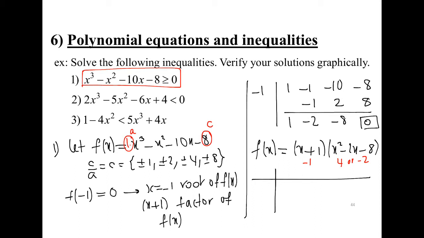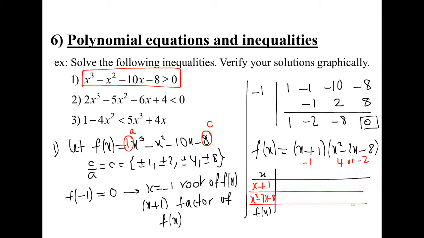This is the inequality that's solved, so we need to study the sign of f of x. f of x consists of two factors, one quadratic and one linear. So we set up something that we call a table of signs, which should basically help us study the sign of f of x. The first row is in fact a number line for x.